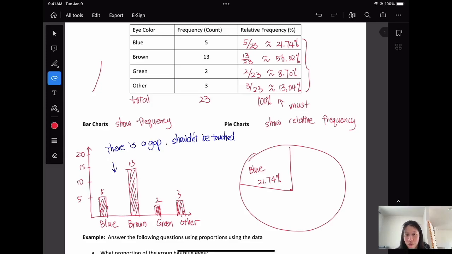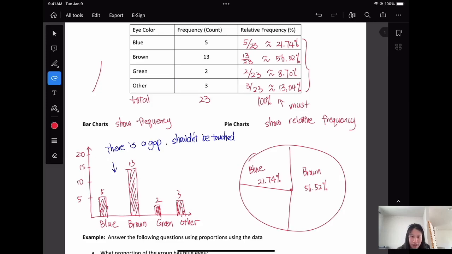And then the next one is brown. Brown is 56.52%, so we want it to be a little bit over 50%. So maybe in here. That still looks very straight. Okay, so we have our brown eyes, 56.52%. Now the next one is the green eyes.